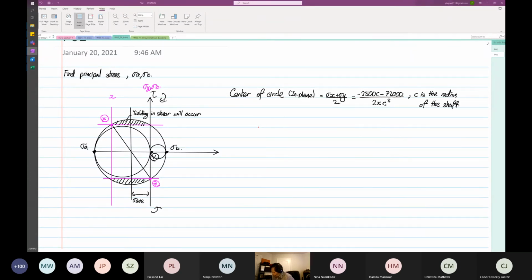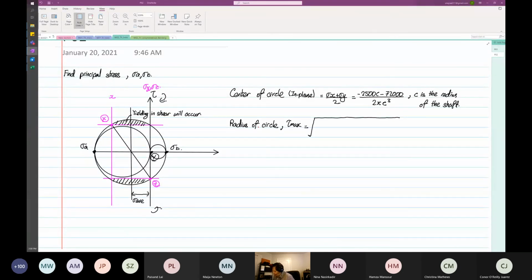After that, we are going to find the radius of the circle. The radius of the circle is also our maximum shear. So this will be equal to, so get the whole thing.